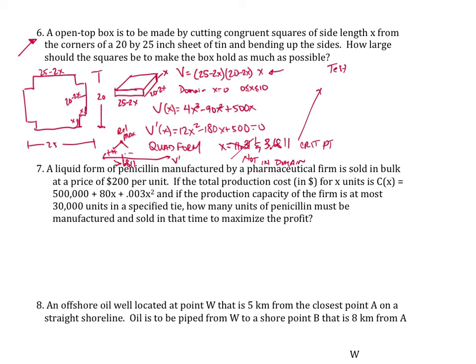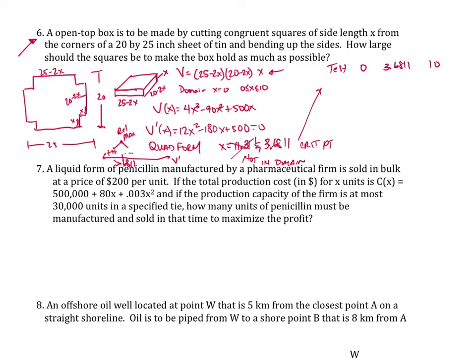But we already know that we're looking for these critical points, and we're trying to find the absolutes. So I need to test 0, 3.6811, and the last value, 10. Those were the endpoints of my domain.